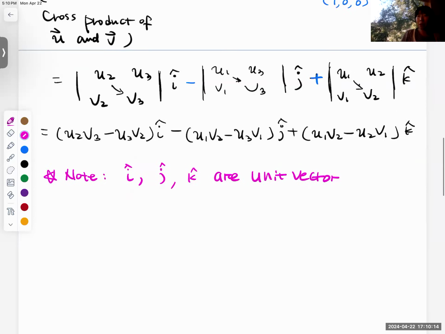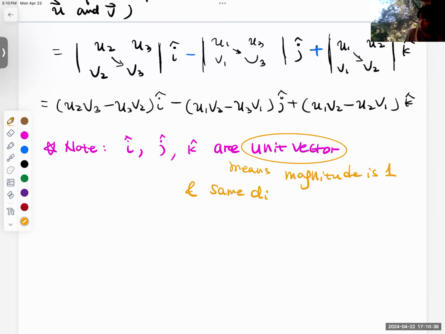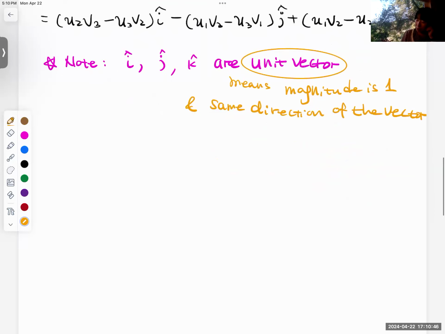So unit vector means magnitude equal to 1 and same direction of the vector, right? So I introduced ijk earlier.